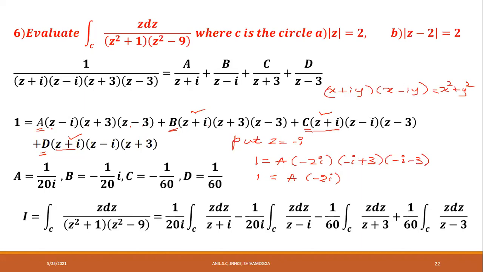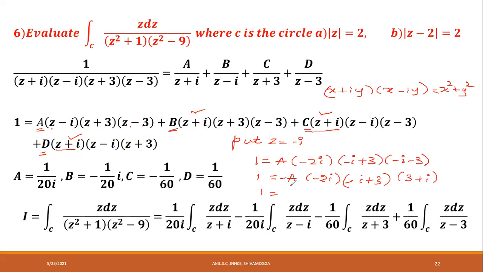Therefore, this product is equal to this one. Here you can take a negative sign as common factor. As the negative sign comes outside, minus into 3 plus i.